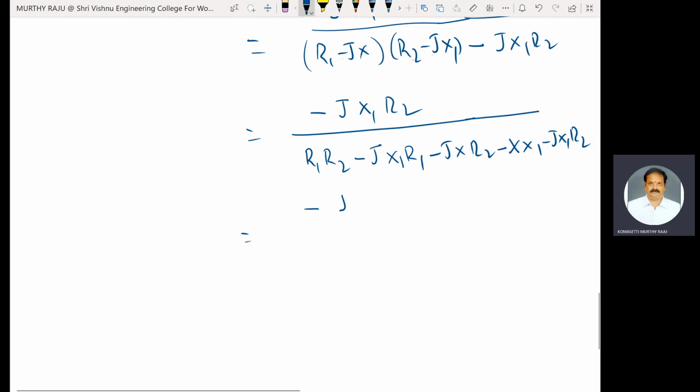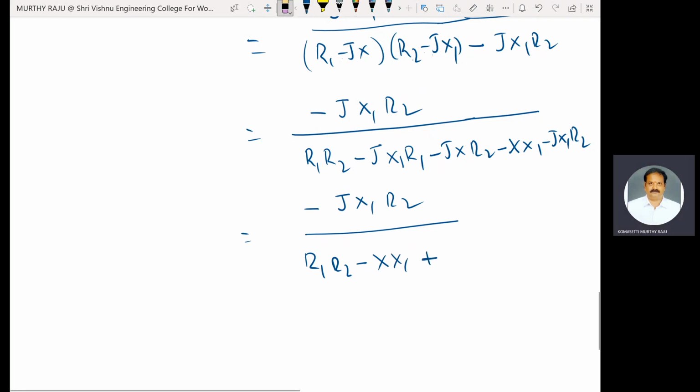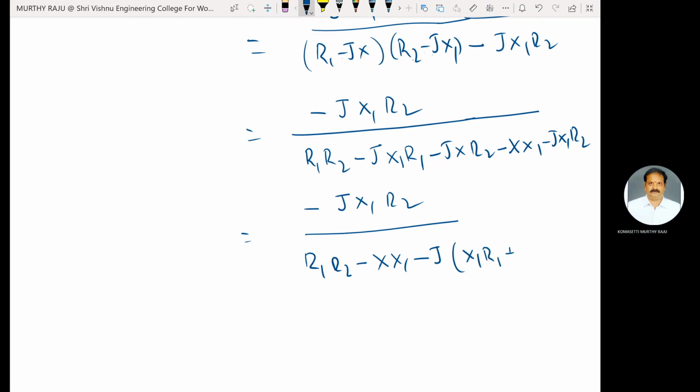That is equal to minus j x1 r2 by r1 r2 minus x1. This one is minus j into x1 R1 plus x R2 plus x1 R2. This is the beta.